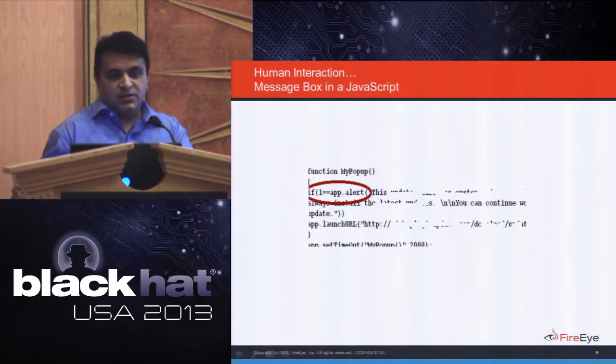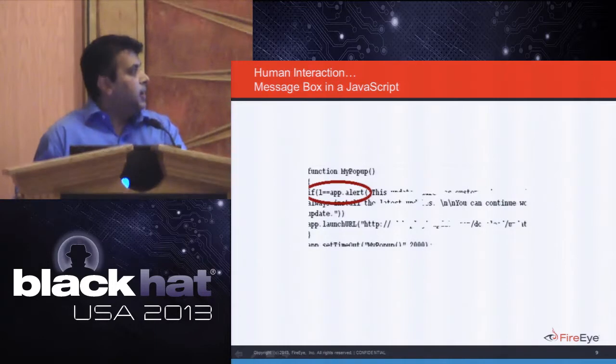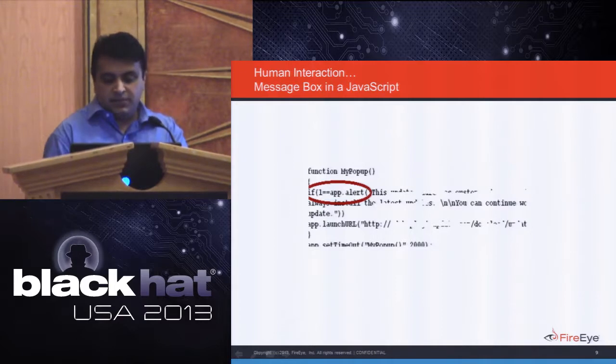The human interaction is not limited to Windows executables. It has also been seen in PDF files. As shown on the screen, this is the code of malicious JavaScript. It makes use of the app.alert API to pop up a dialog box, and only when the dialog box is clicked does malicious activity take place.